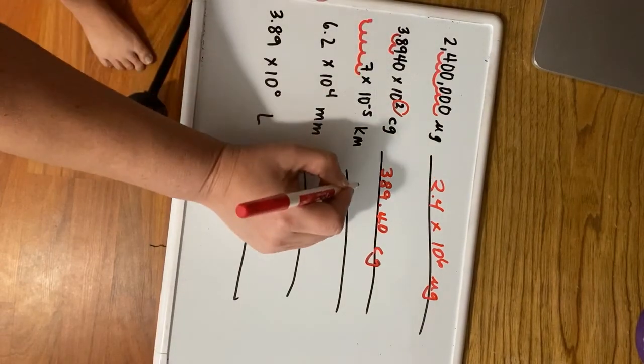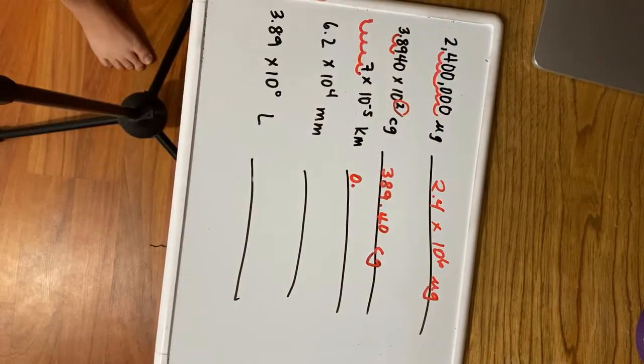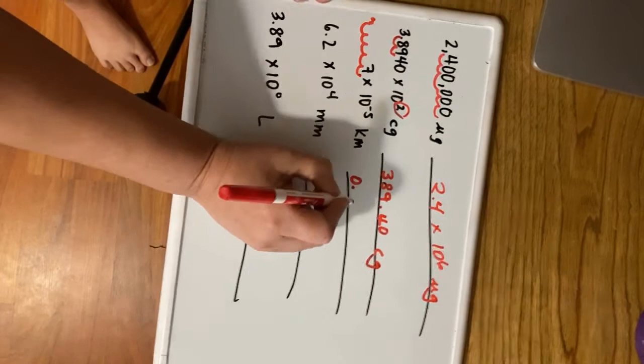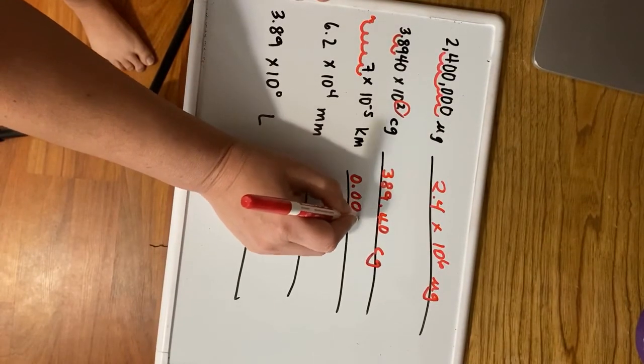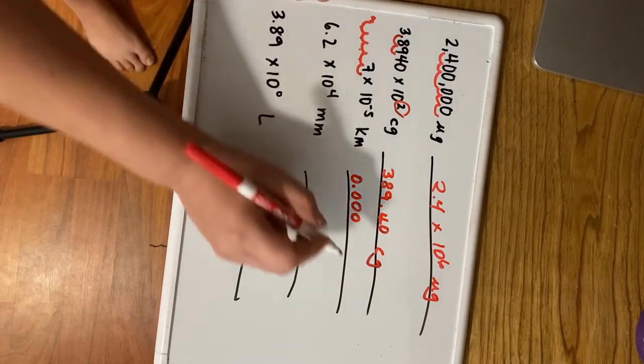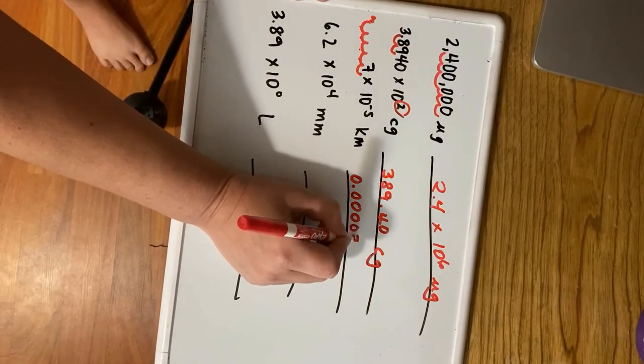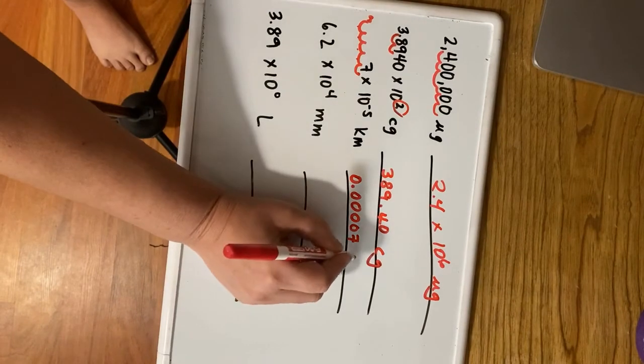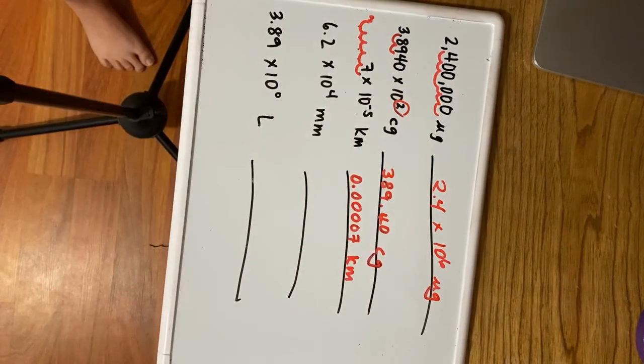Okay, so I like putting a 0 before my decimal. Okay, so I've got a decimal right here. Anywhere there's a loop, we need to fill it in with zeros. So we've got 1, 2, 3, we got 4 loops. 1, 2, 3, 4. And the 7 kilometers. So now we're in standard notation.